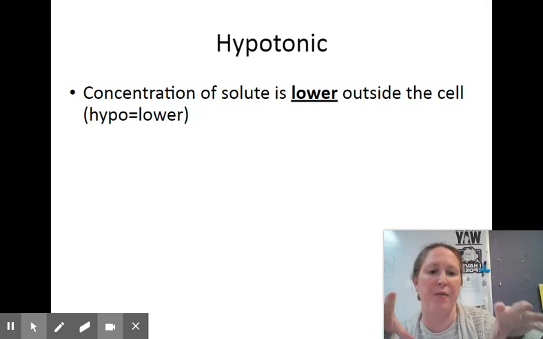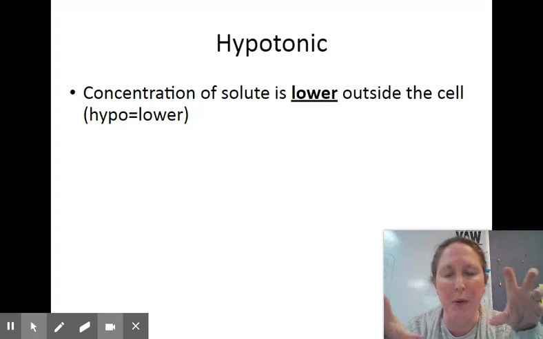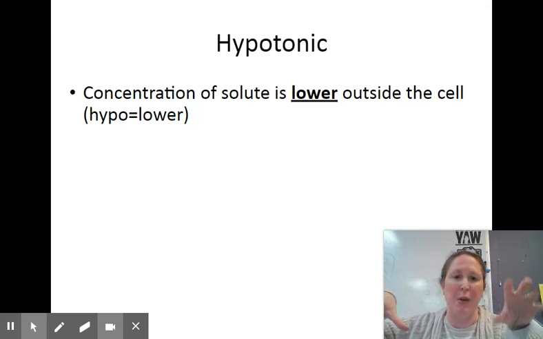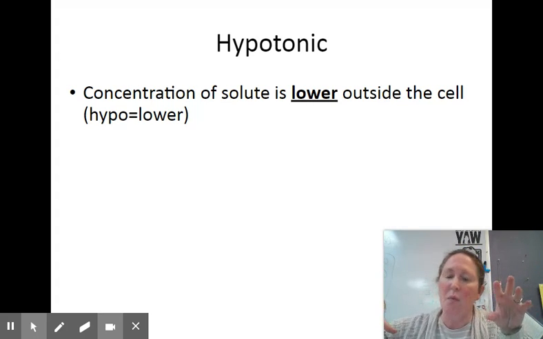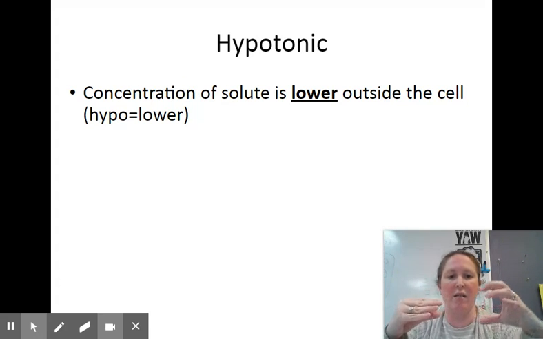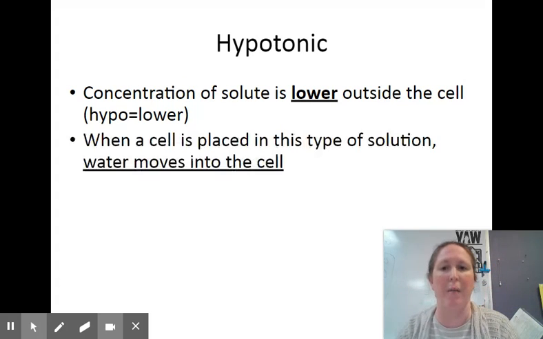And then you have a cell which has 4% glucose, sugar in it. So you have 100% water outside, but you only have 96% water inside the cell because you have a lot of sugar in there. So some of the water from outside goes into the cell and makes the cell swell up, get bigger.